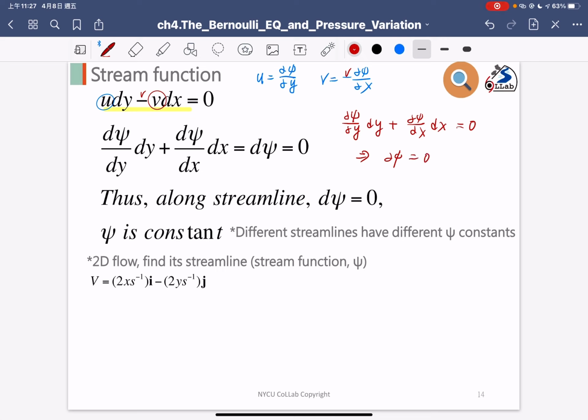So that means if along the stream line I take the differential of the stream function, it will also equal 0, because the two vectors are parallel, so there is no difference. So that means the stream function should be a constant value.